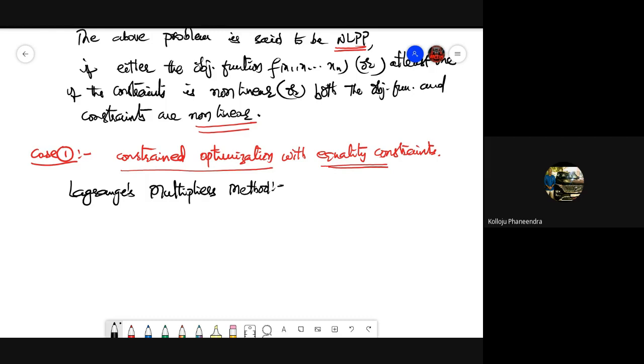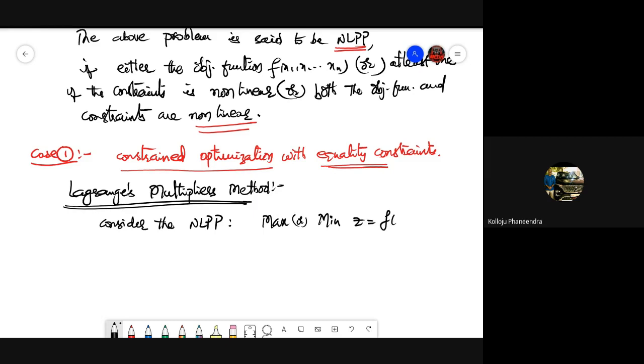Now consider the NLPP: maximize or minimize z equal to f of x1 x2.